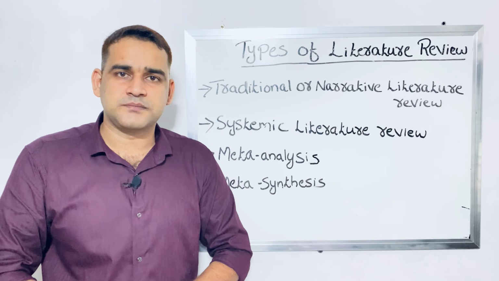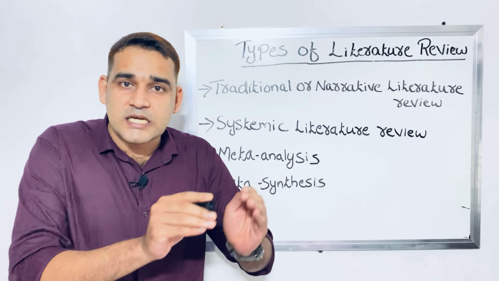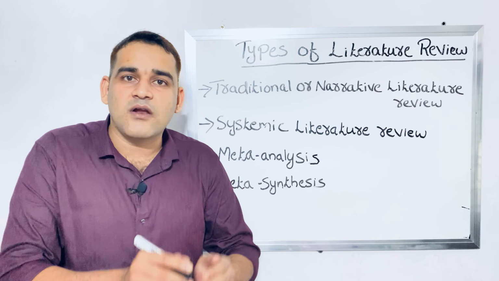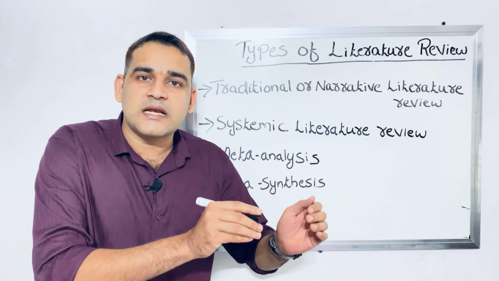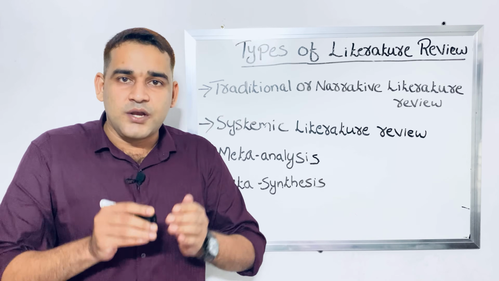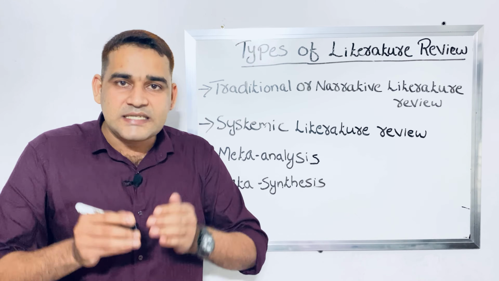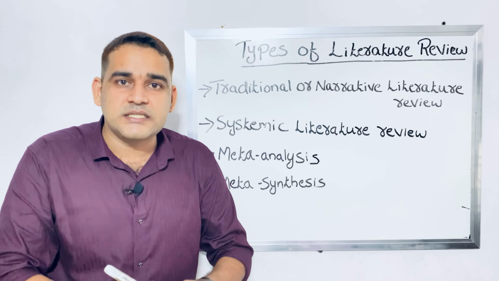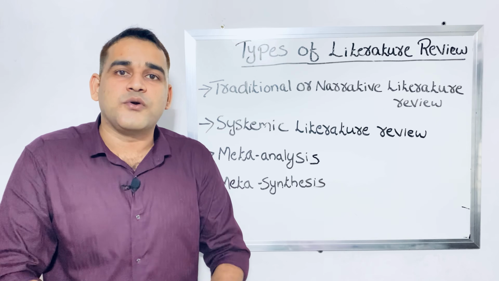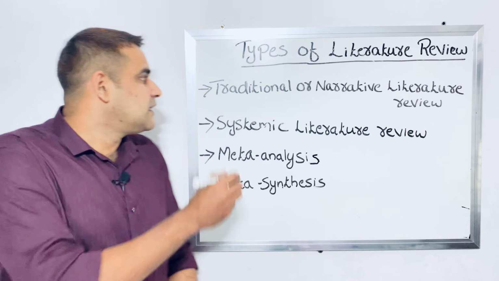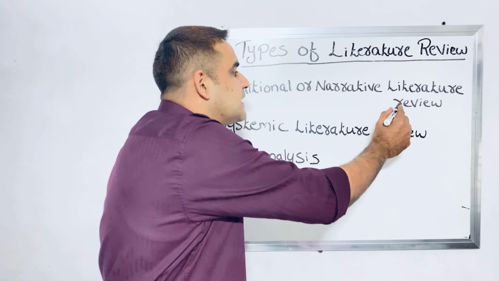The main aim is to collect a large volume of knowledge and documents, then summarize it, then synthesize it. That means you have to combine, integrate, or arrange it. That is traditional or narrative literature review.